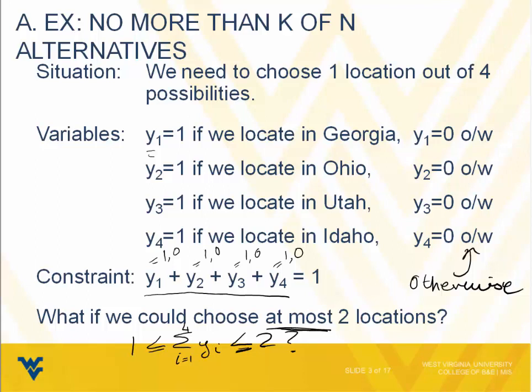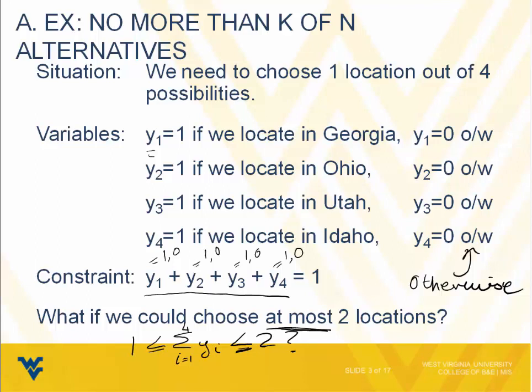Because it has to be an integer. So at most 2 means it could either take on a value of 1 or 2. Yeah? So when you do practice problem 4 in the practice set 1, you'll be able to use this kind of a constraint.